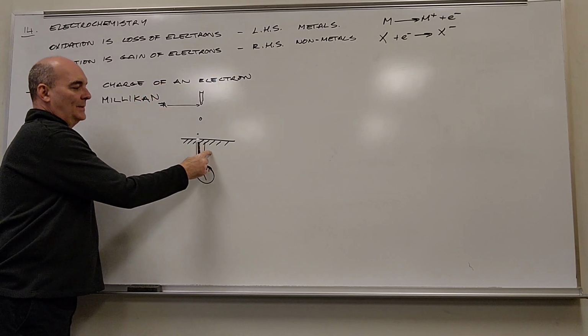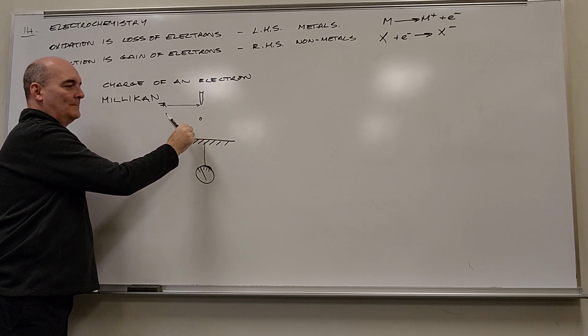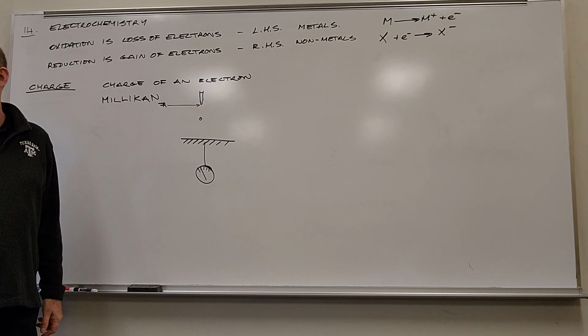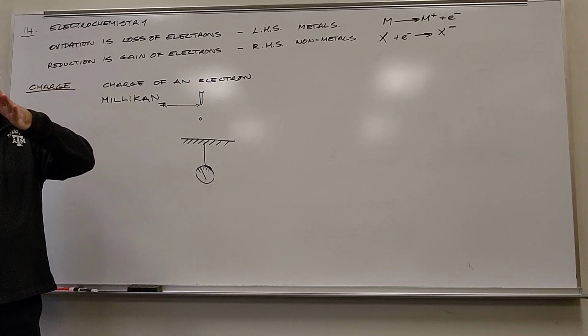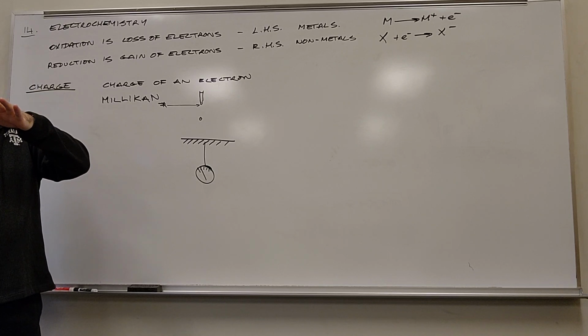But when this number is exactly the opposite of the charge on that one, the droplet is suspended in the air and cannot drop. When I say the opposite, I mean they'll be actually equal sides because they've got to repel. I said that wrong. Okay.